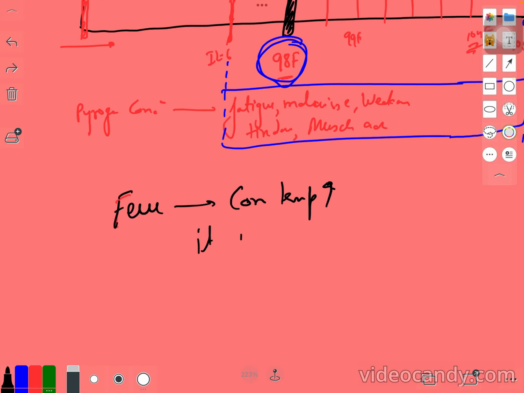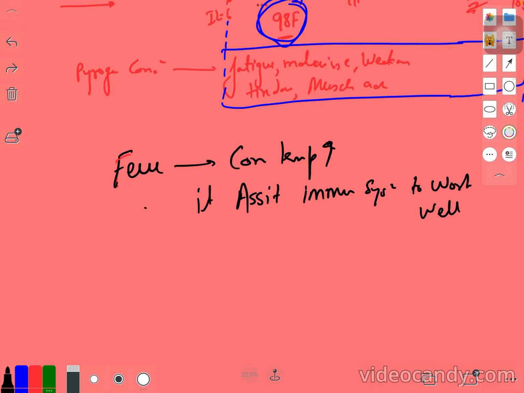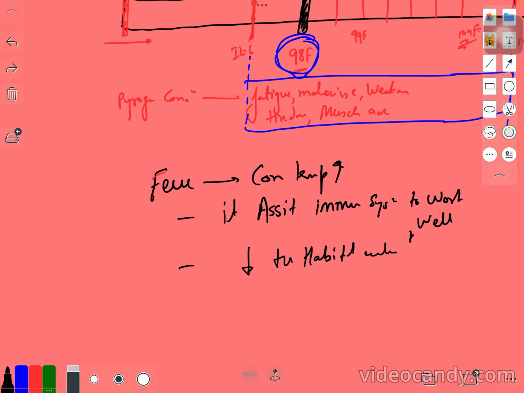It assists the immune system to work well. At the same time, it decreases the habitat where the microorganisms grow. So overall, fever is nice for us, okay, it helps.